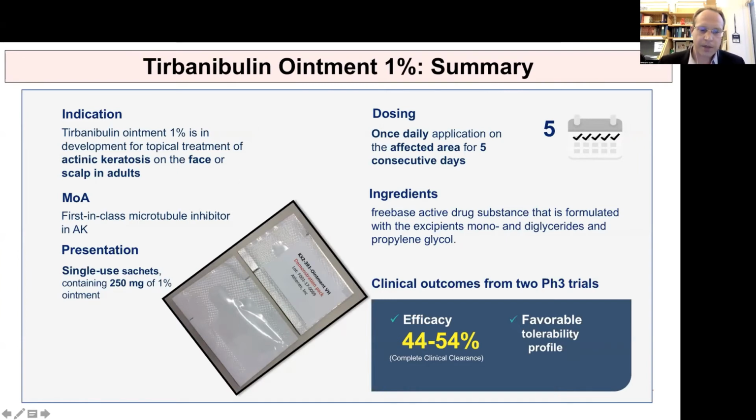You can see here these kind of old antibiotic-like plastic sachets here that contain the medicine. And importantly, as we talked about quality of life of our patients, it can be used once daily for 5 days. And so it's a short duration, highly effective therapy. So it's convenient for the patient, but also has the efficacy that we're looking for as dermatologists.